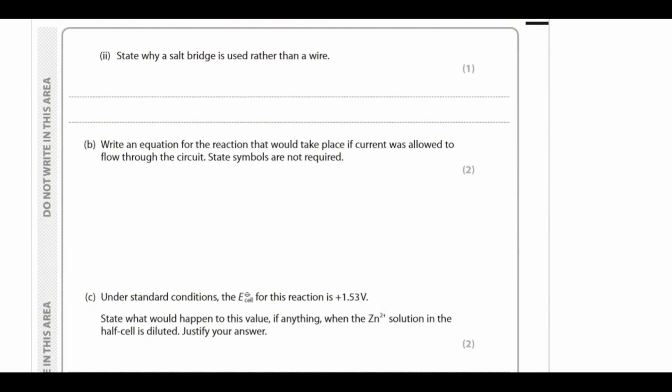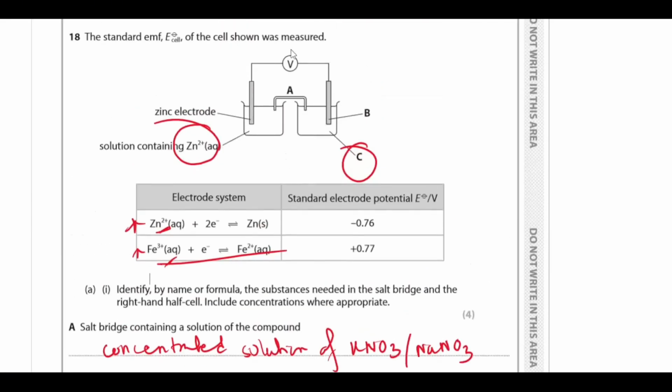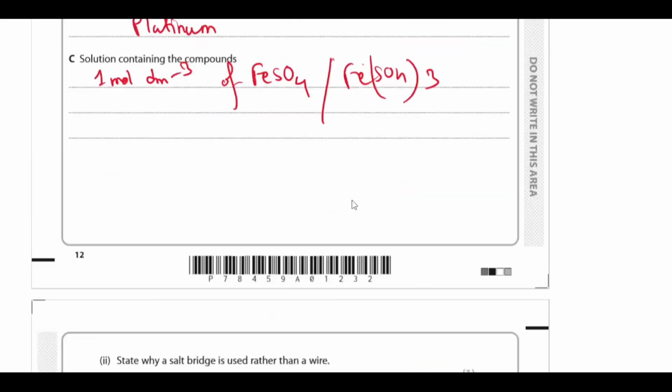The question is, state why a salt bridge is used rather than a wire. Now of course, through a wire ions cannot flow, only charges can flow. A salt bridge is basically a liquid solution, so ions will easily move from one place to another, and that is quite essential, because without the movement of the ions we won't be able to see the reading in the voltmeter, and we won't be able to measure the E cell.